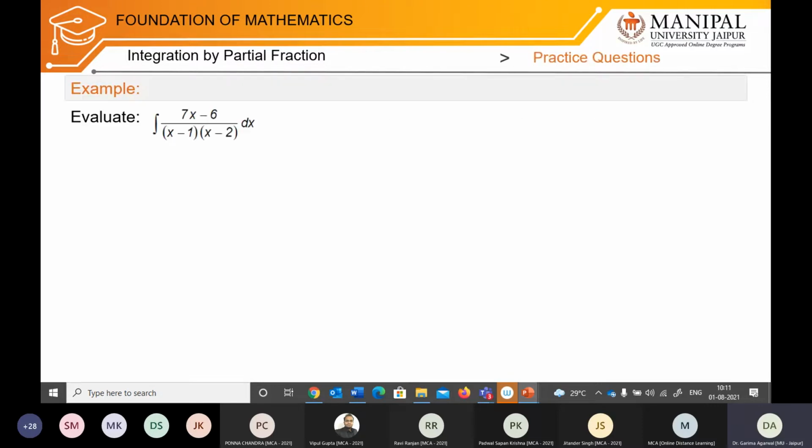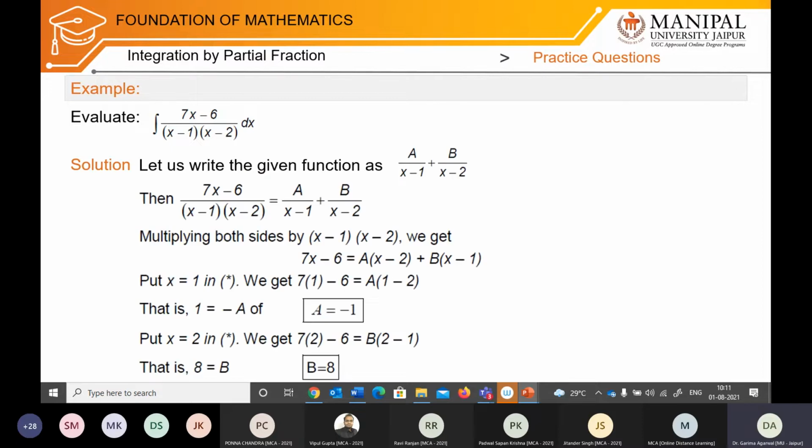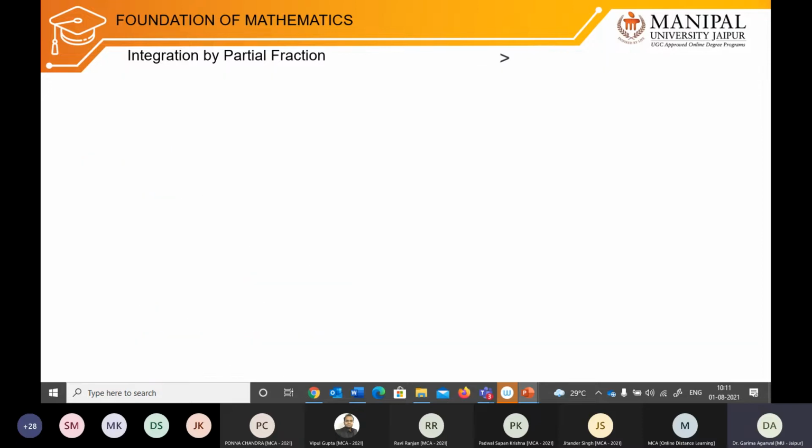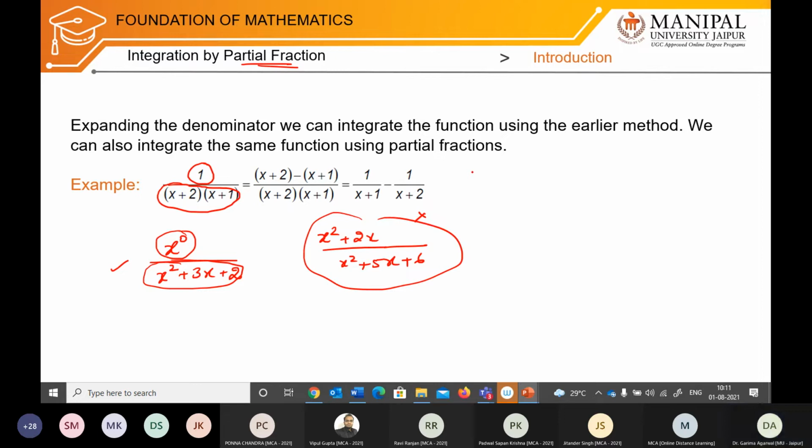Now, what are the rules for how we can split the denominator? Let me take a few examples. Let's say our function has x plus 2 and x plus 1 in the denominator. First we split this as a upon x plus 2 and b upon x plus 1.